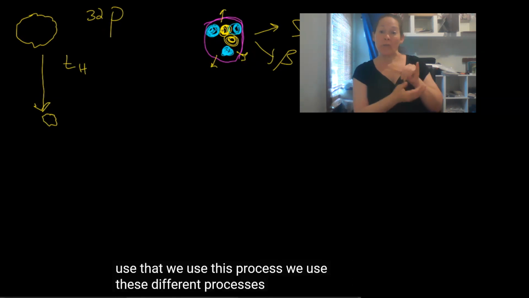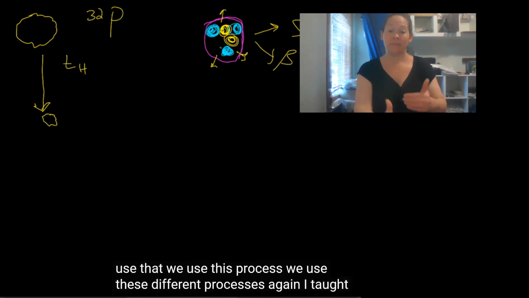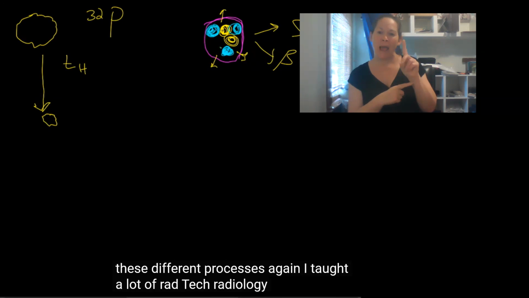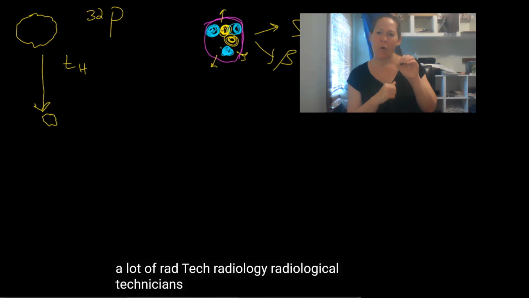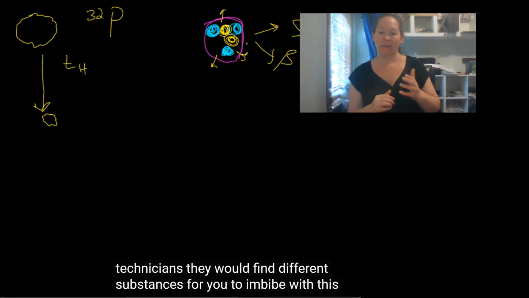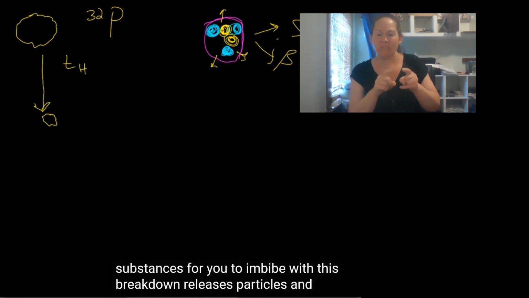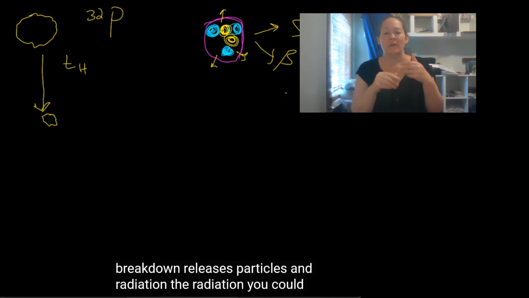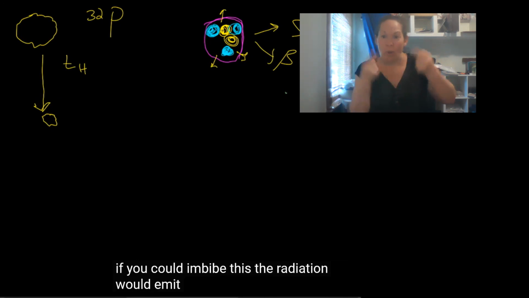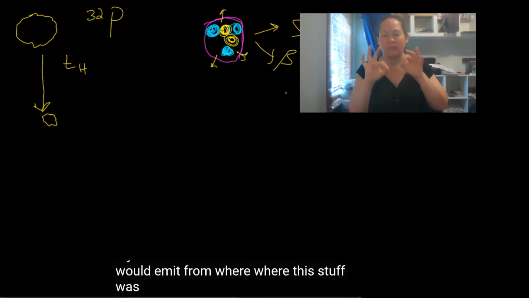We use these different processes. Again, I taught a lot of rad tech, radiological technicians. They would find different substances for you to imbibe. This breakdown releases particles and radiation. The radiation you could see. And so if you could imbibe this, the radiation would emit from where this stuff was inside of you.